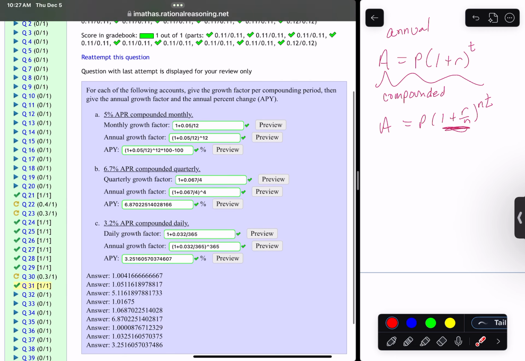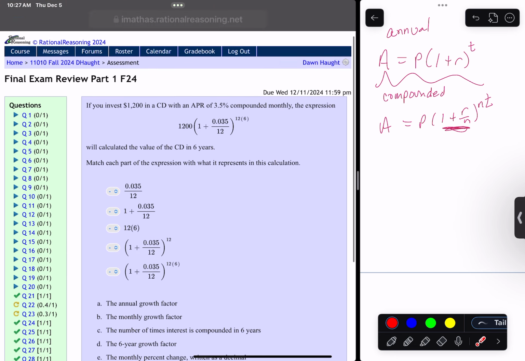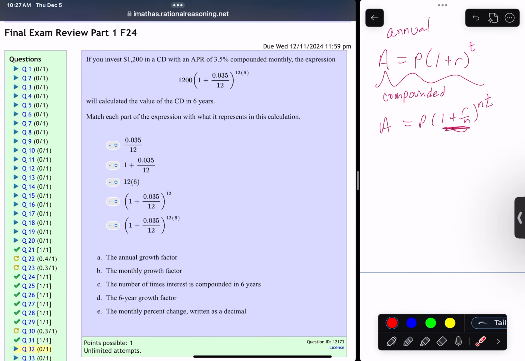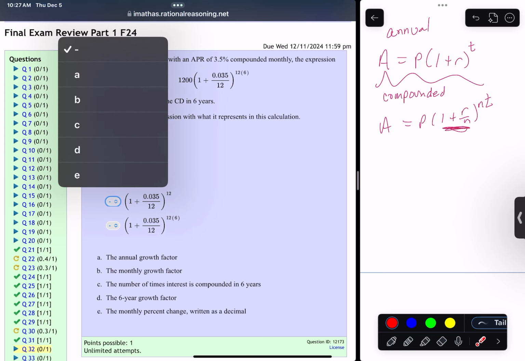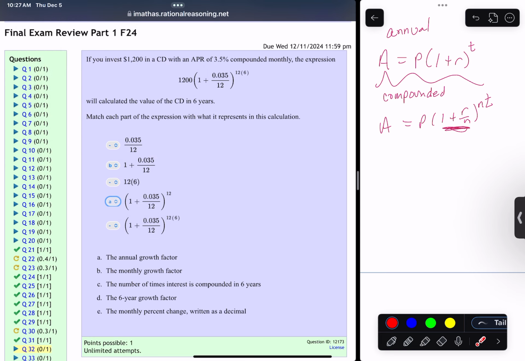Okay, so let's go back. So the monthly growth factor is the 1 plus 0.035 over 12. So that is indeed B. And then when we took it to the 12th power, that was our annual growth factor. So this one is A. And then the 6-year growth factor, we need the little 6 on there.